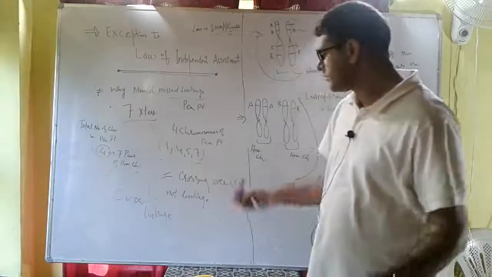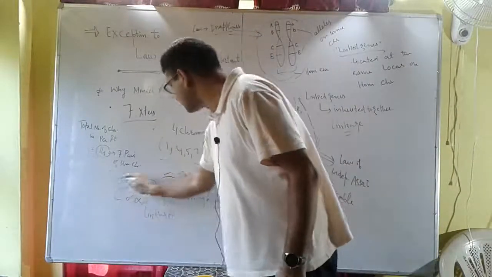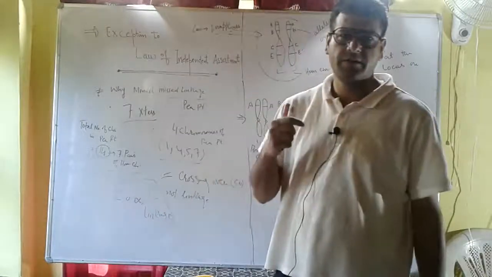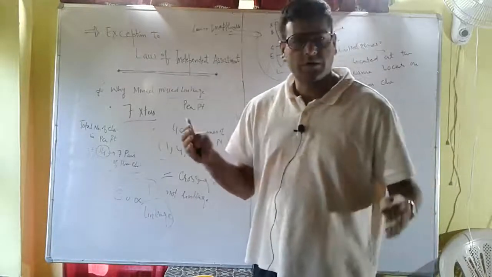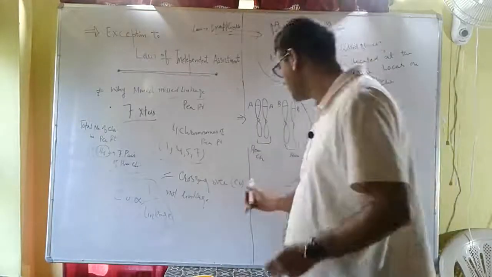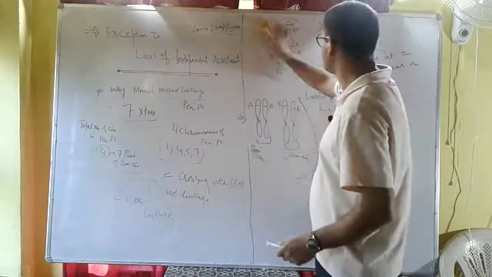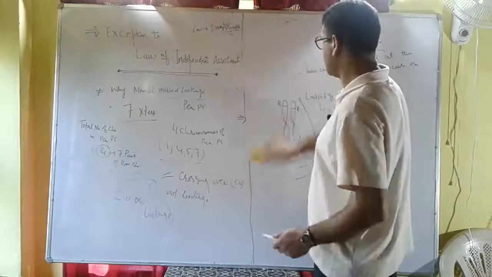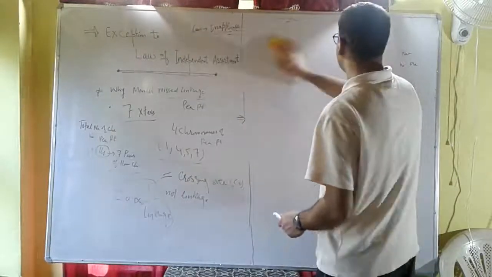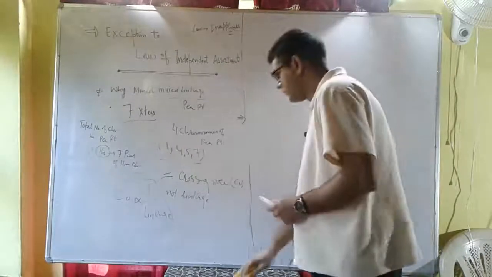In other words, closely located genes on a chromosome will show linkage, and distantly located genes on a chromosome will show crossing over.